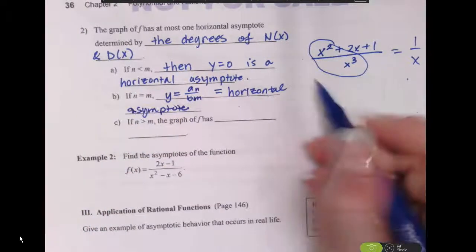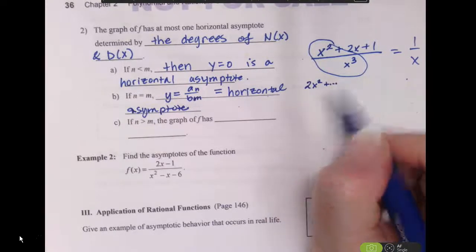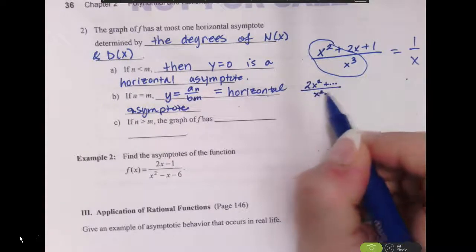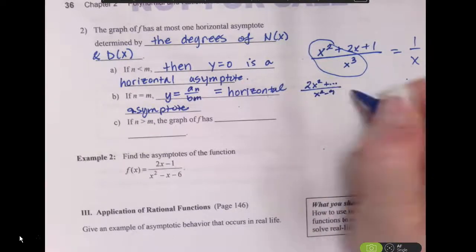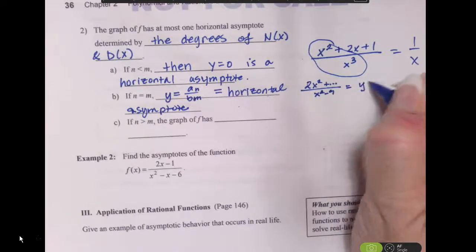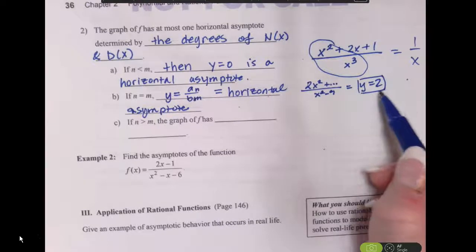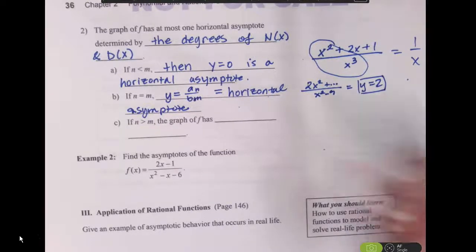So in this example, I would say if I had 2x squared plus something over x squared minus 9, say, then that 2 over 1, that line would be where my asymptote is located.